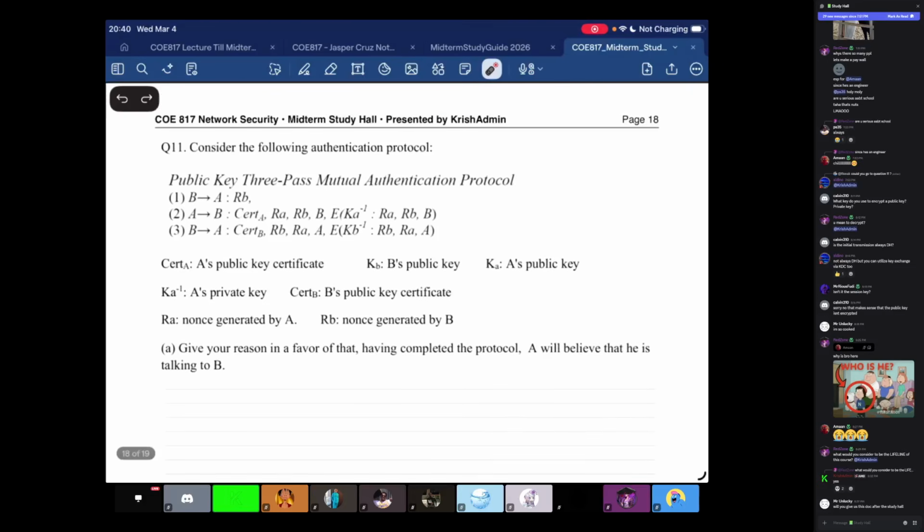But if we understand what's going on, B sends its nonce to A. A responds with its cert. It sends A's nonce. It sends B's nonce.